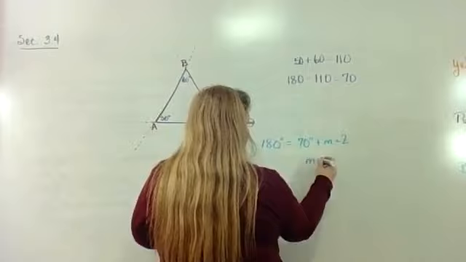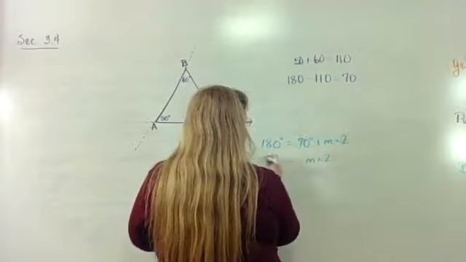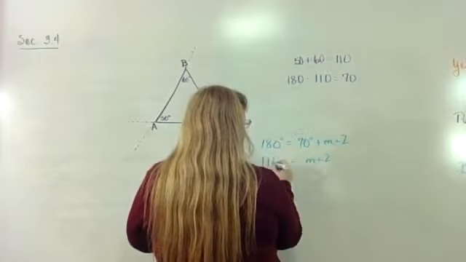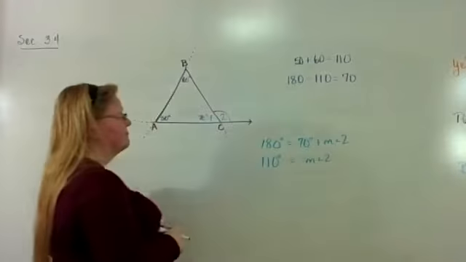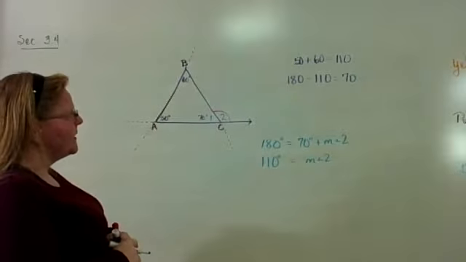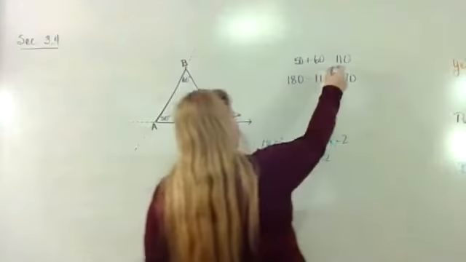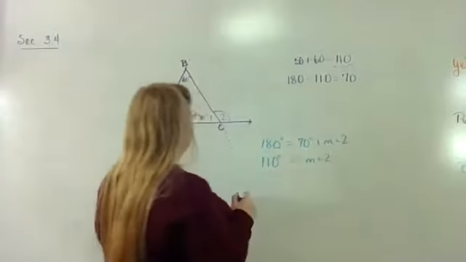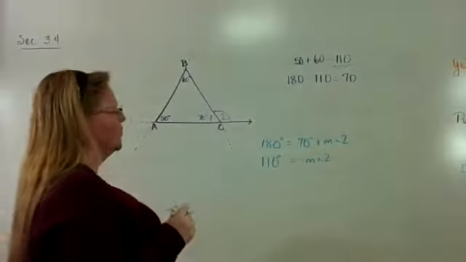Which means the measure of angle 2 must be 110 degrees. Which is exactly what the sum of the 2 remote angles were.